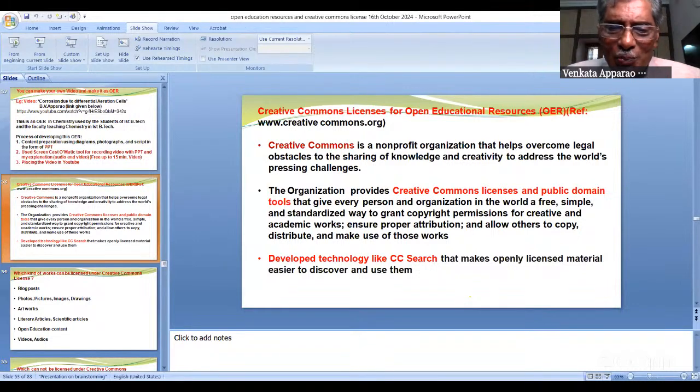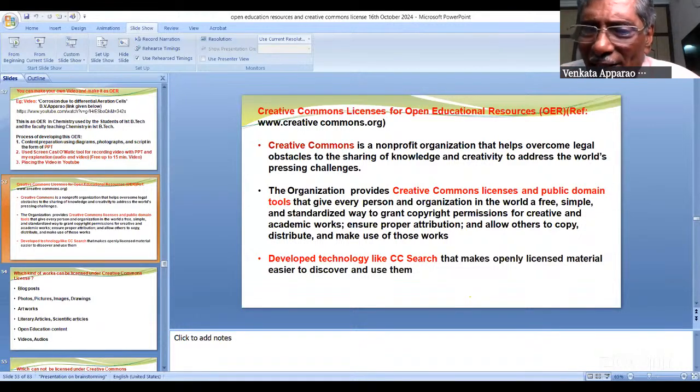The organization provides Creative Commons licenses and public domain tools that give every person and every organization in the world a free, simple, and standardized way to grant copyright permissions for creative and academic works, ensure proper attribution, and allow others to copy, distribute, and make use of those works.